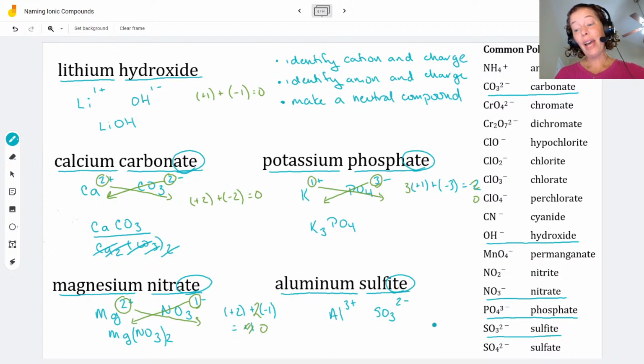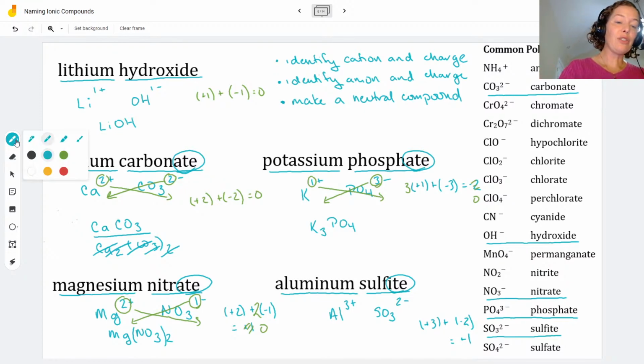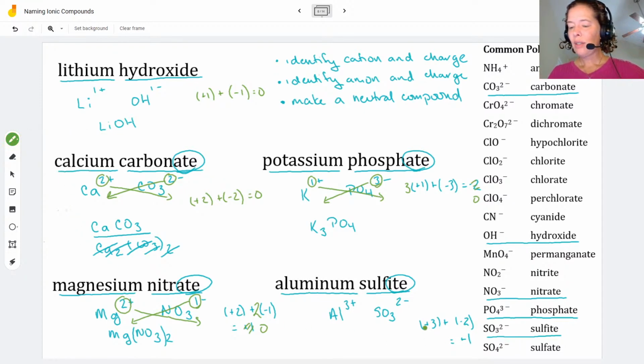Let's check and see if we have a neutral compound. Spoiler, we don't have a neutral compound, but let's write it down. Plus a -2. Of course, that gives us an overall charge of +1. So again, we can do crisscross or we can do our algebra, either way. So we're going to need to put a 2 in front of our aluminum and a 3 in front of our sulfite to make this neutral, so that now equals 0.